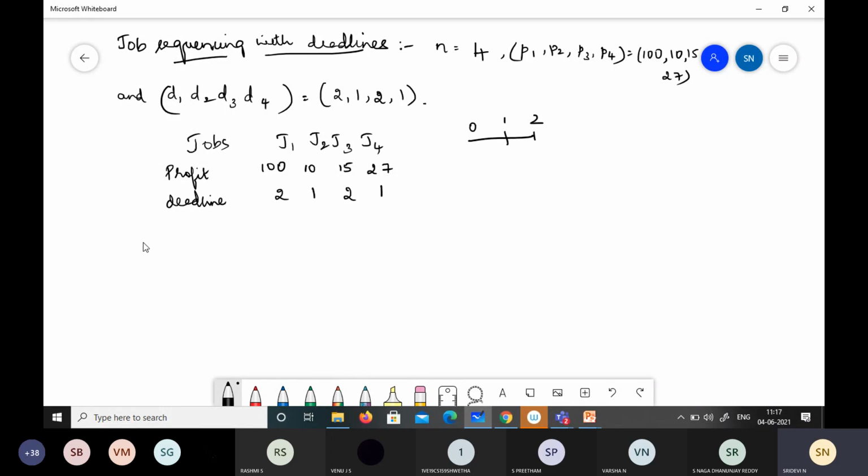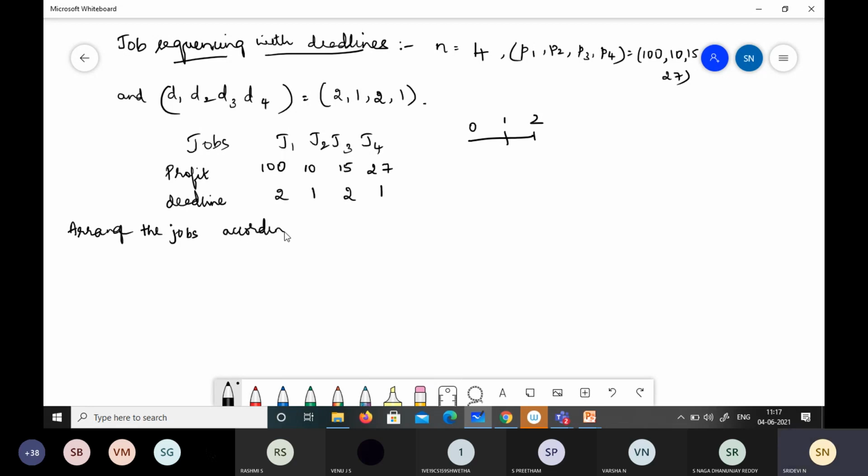First point, remember: we have to arrange the jobs according to non-increasing order of their profit. One problem I'll solve and later you will solve one more.